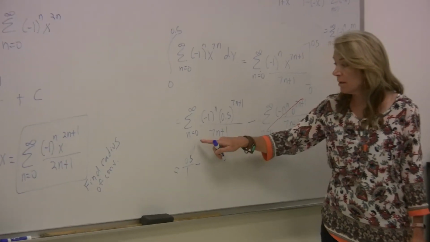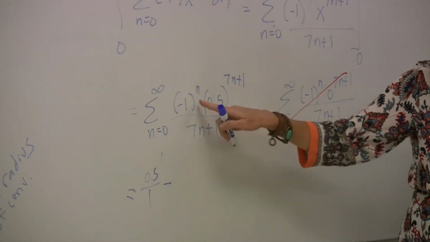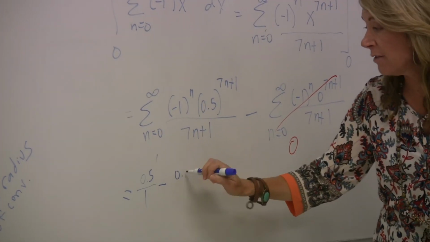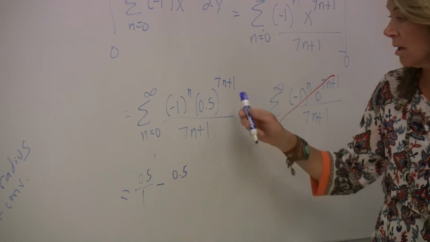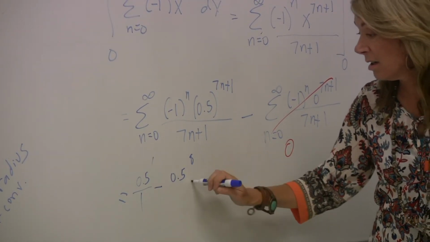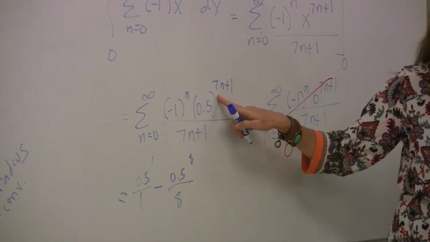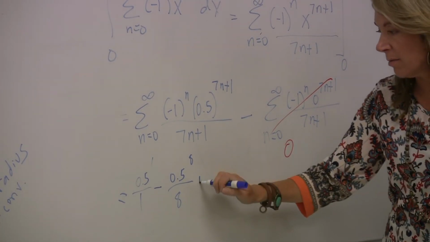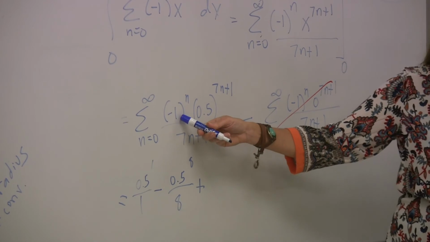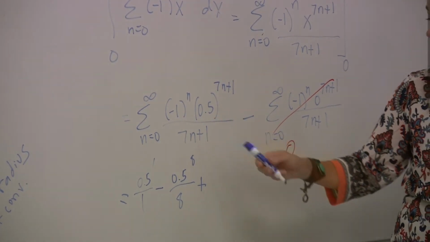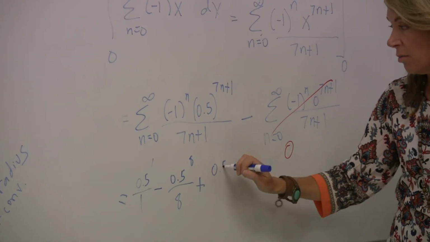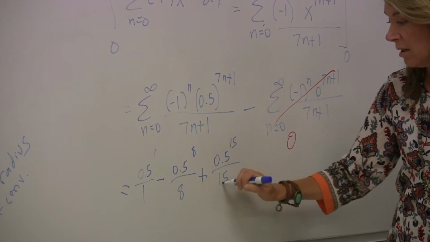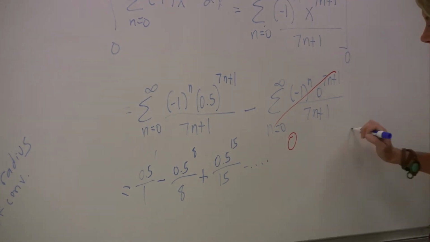Minus, now I'm plugging in a 1, that's why it's minus, negative 1 to the 1, 0.5 to the 8 over 8. Let's do one more term. If I plug 2 in there, that's squared, so it's positive. 0.5 to the 15 over 15, and it keeps going.